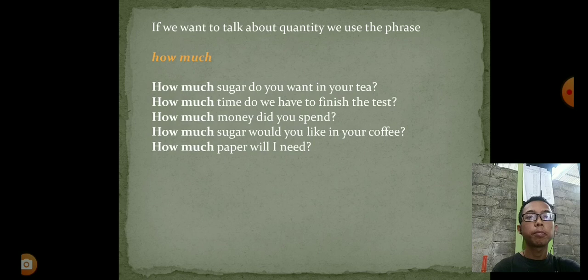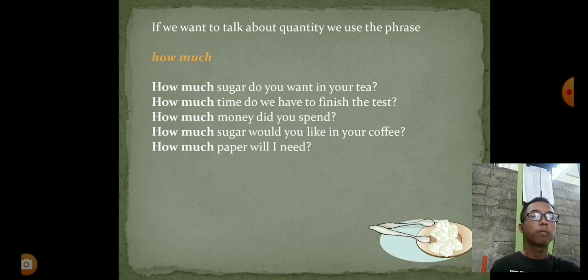How much paper will I need? Paper, yeah, salt and pepper also, like sugar. They cannot be counted one by one, because you have to count them with a tablespoon, or in Indonesian, takaran, not one by one piece of sugar or piece of paper.